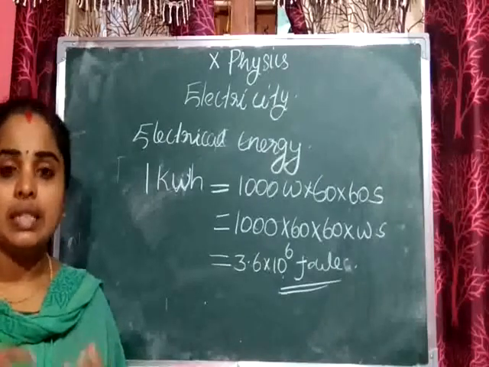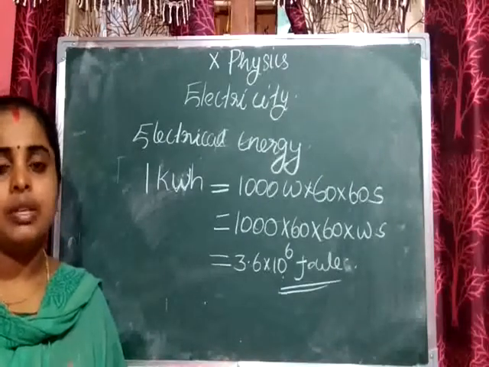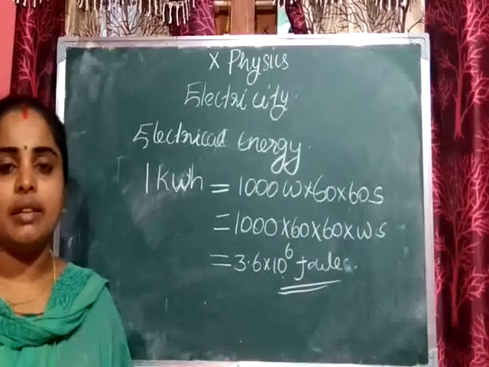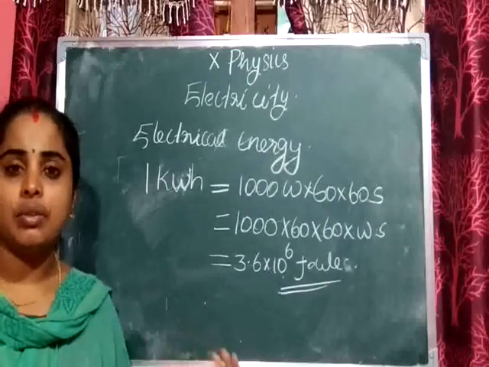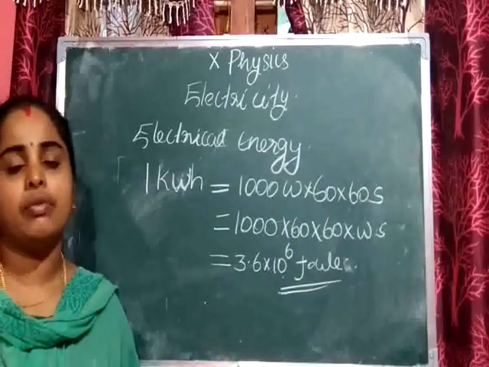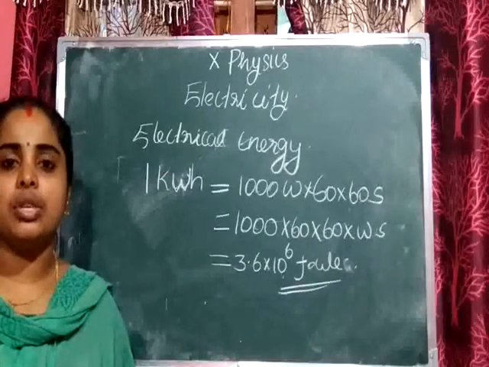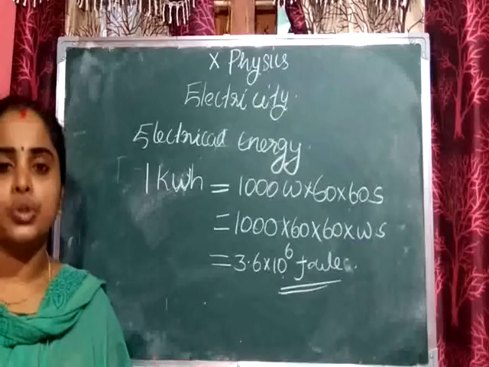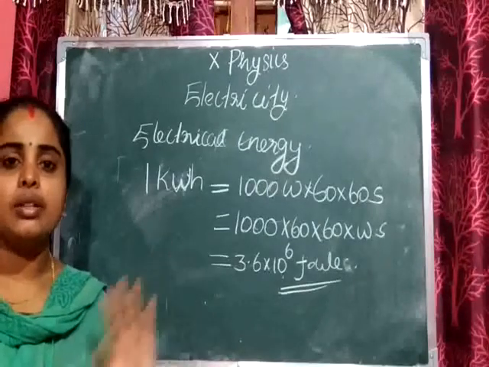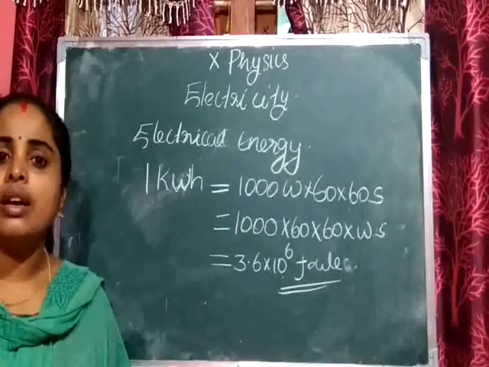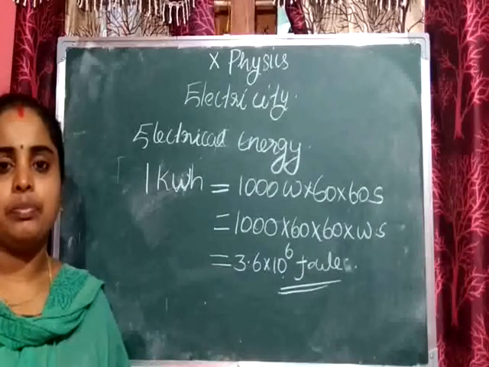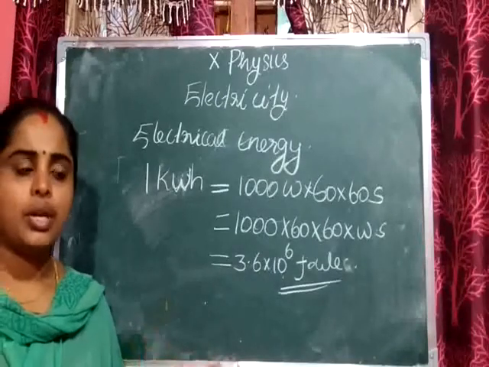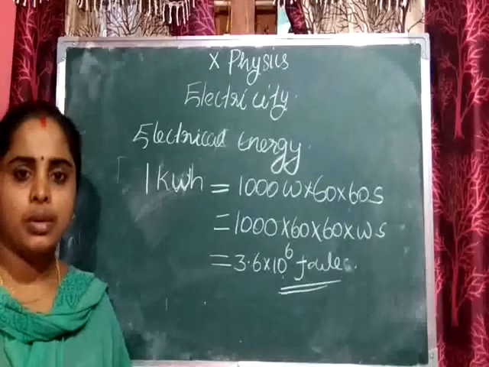Then the heating effects of electric current and Joule's law of heating effect. After that we discussed electric power and electrical energy and the conversion of 1 kilowatt hour into joule. So these all are the points that we studied in this lesson. So let us revise today's section once again.